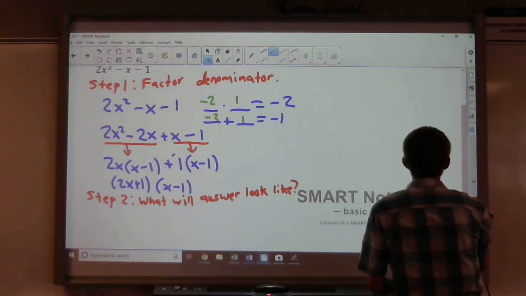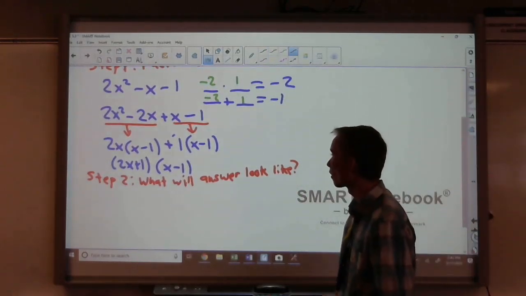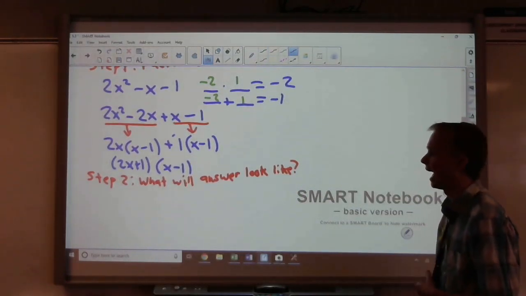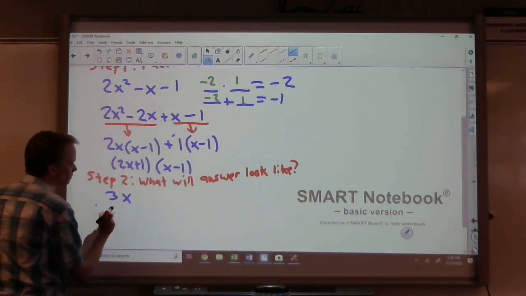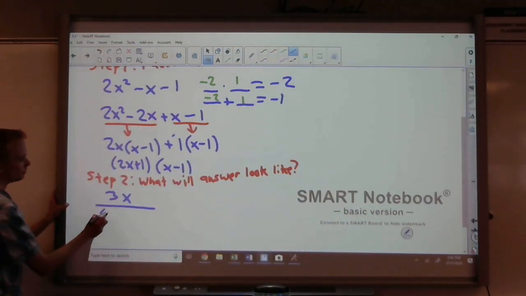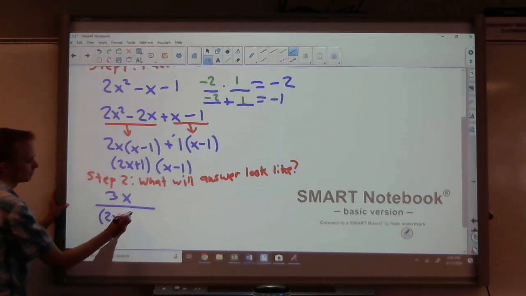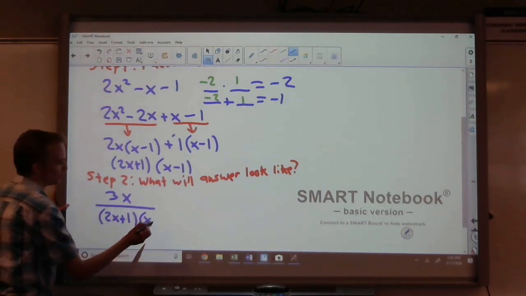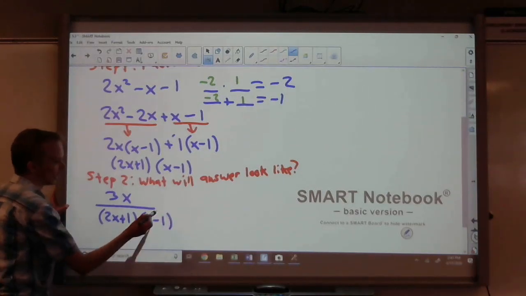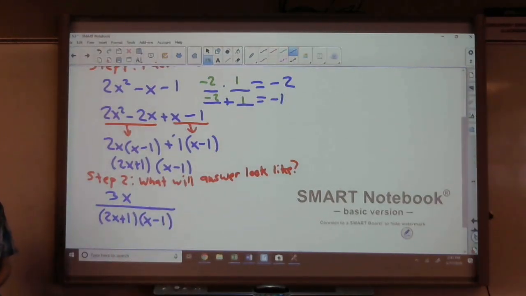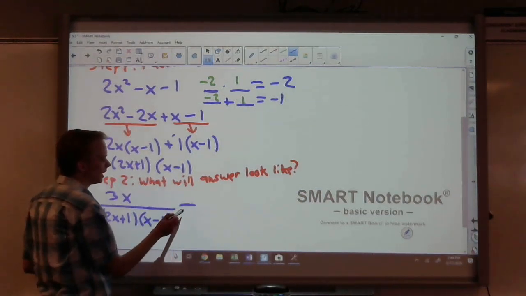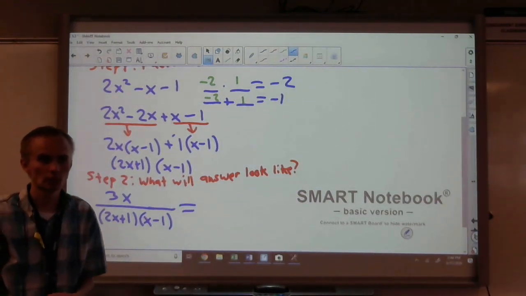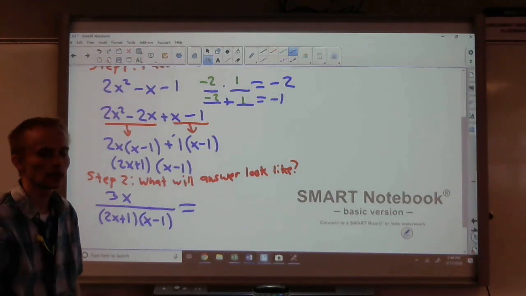Okay? So our original equation had a 3x up top, right? And then we factored the bottom to be 2x plus 1 and x minus 1 in the bottom, okay? Well, when I'm done with this, what do I want it to look like?